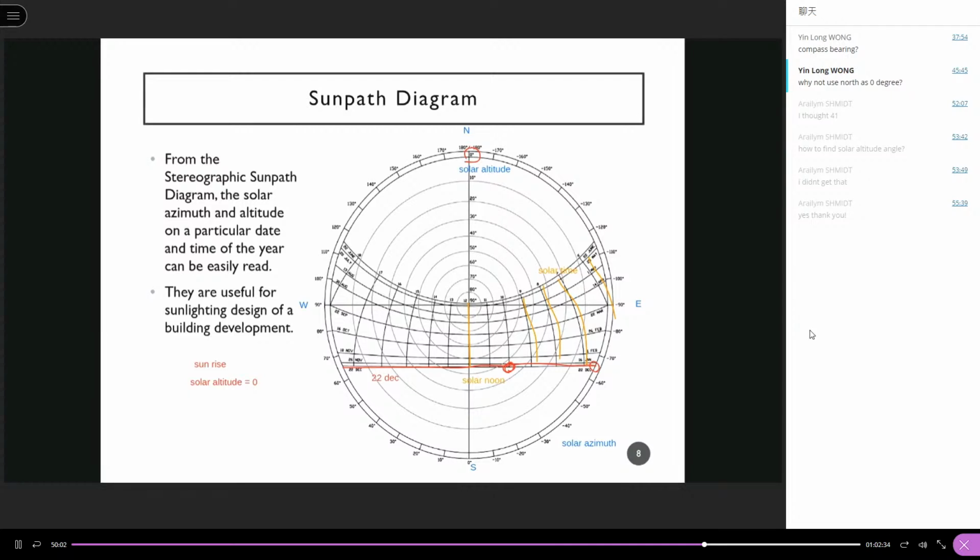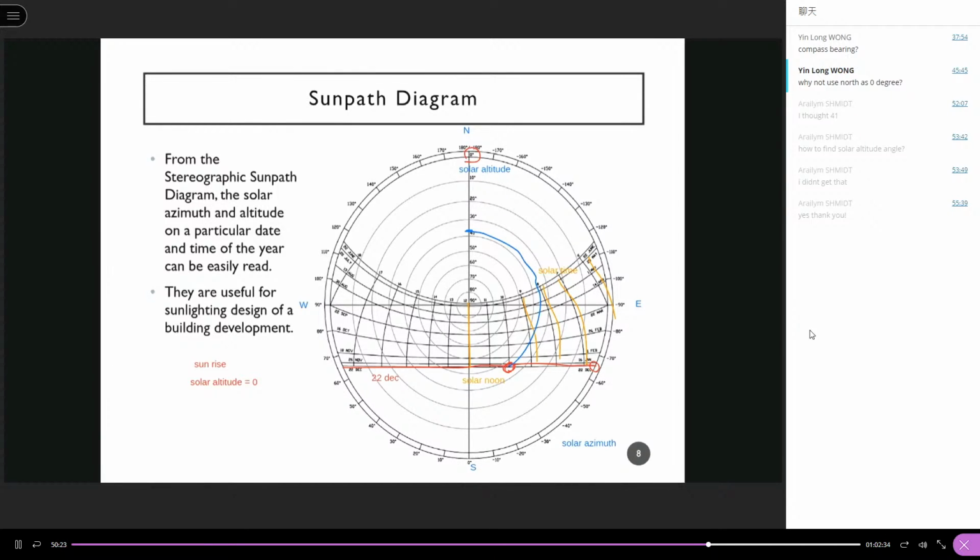Referring to the coordinate system, it will be around here. So this represents maybe around 38, 37 degree. So this is the solar altitude.